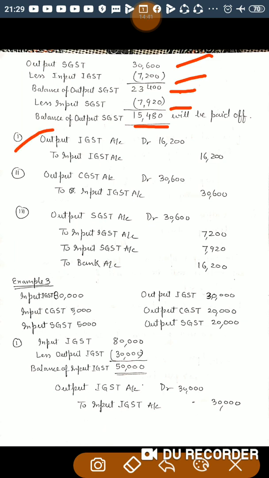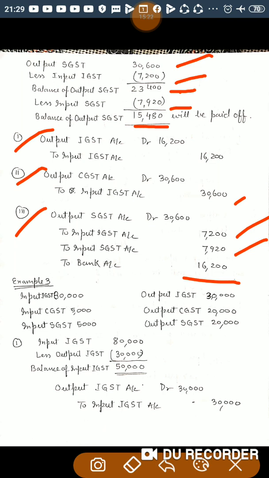So the first journal entry will be passed: output IGST account debited to input IGST 16,200. Second journal entry, output CGST account debited to input IGST 30,600, and the third one is output SGST account debited with 30,600. Out of this 30,600, we have written off 7,200 input IGST, and we have also written off 7,920 input SGST, and the remaining balance is 15,480.